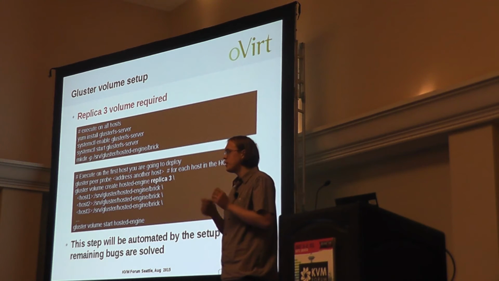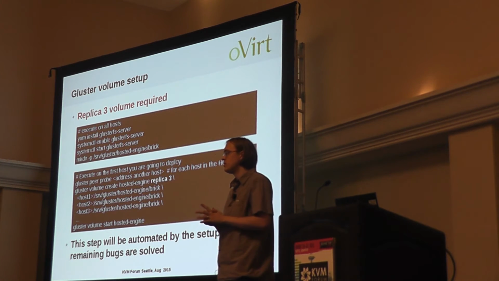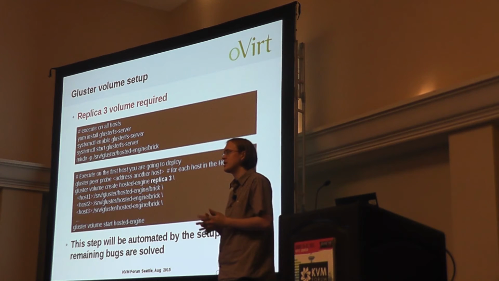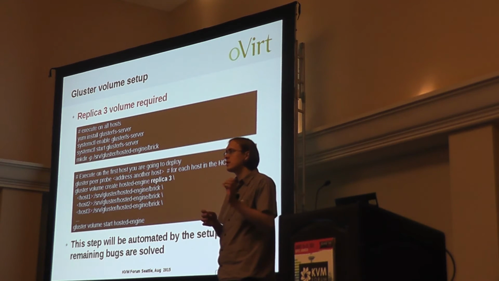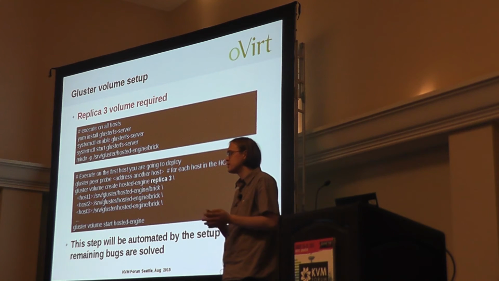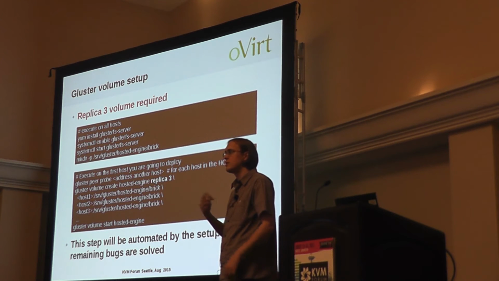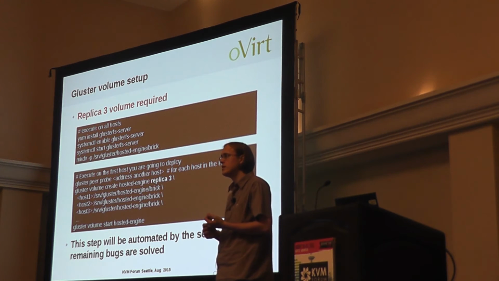Now, when you have the brick, and you basically create a brick on every host you have, you tell the Gluster on the primary node where the other nodes are, so you can set up all the distribution in Gluster. So gluster peer probe, and you give it the IP address of another host, and you execute it for each host you have.